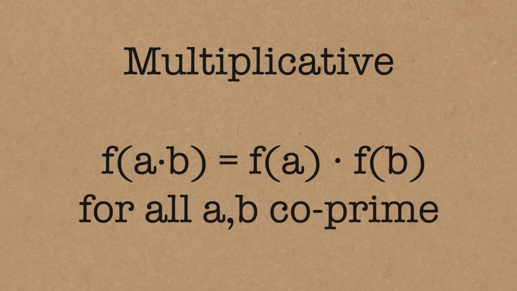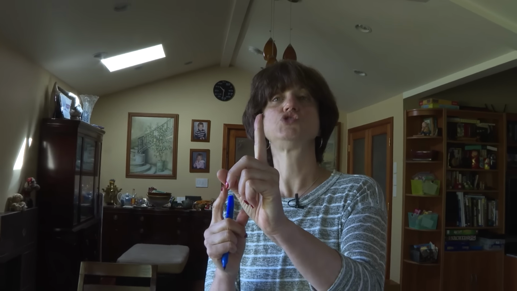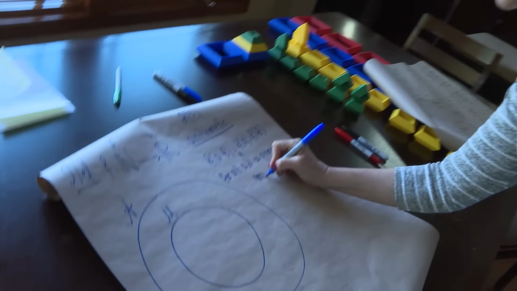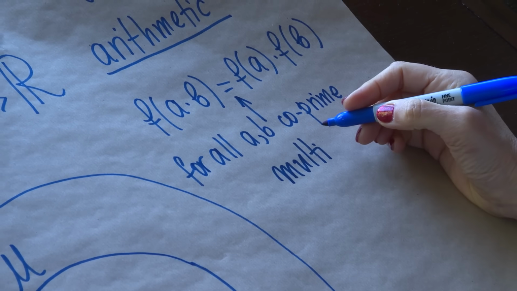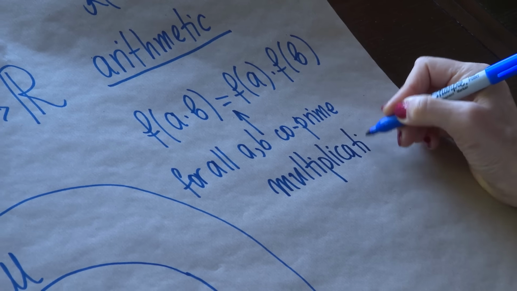They don't share any divisor other than 1. So for any such co-prime or relatively prime numbers, this has to happen. They share just 1. And so we will call those functions multiplicative because they split these products into some other products. They work well with multiplication.